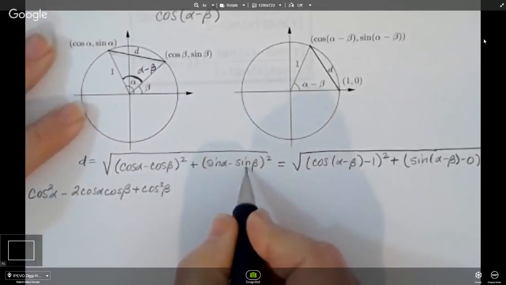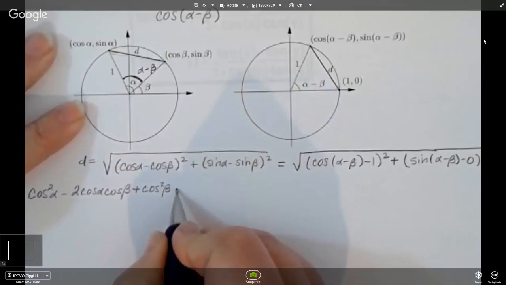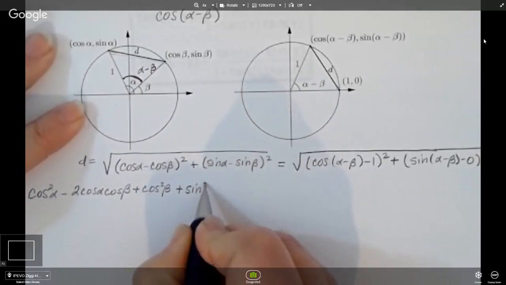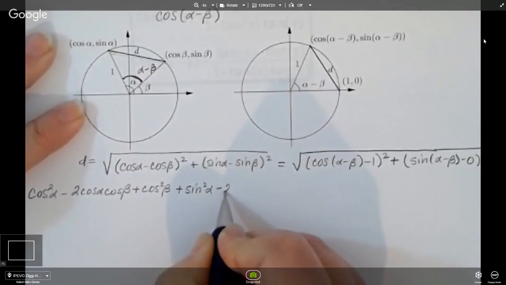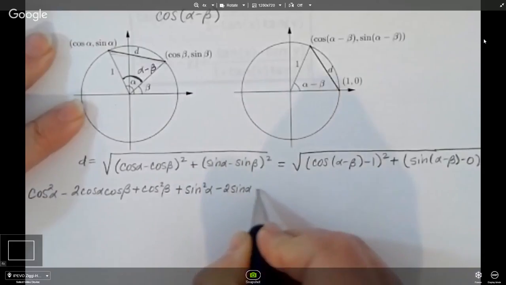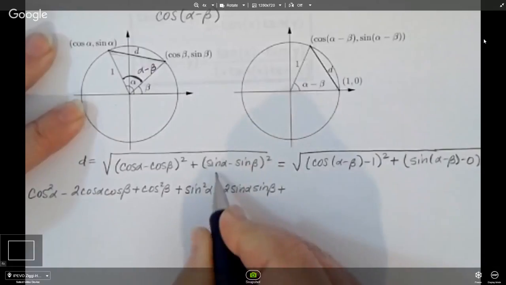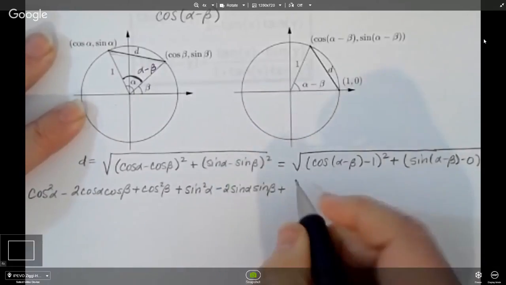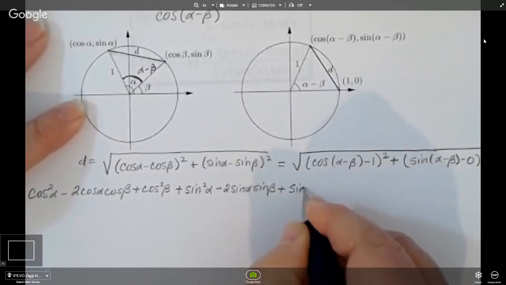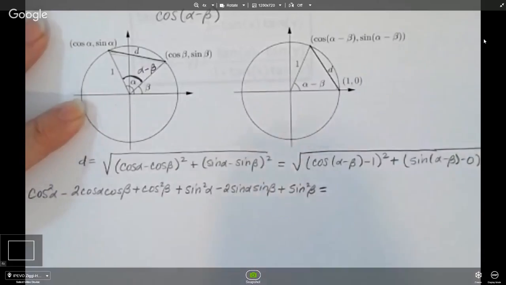And now I'm going to expand this expression, which will get me plus sine squared alpha minus 2 sine alpha sine beta, using the expansion of a square of a binomial, and then sine squared beta.